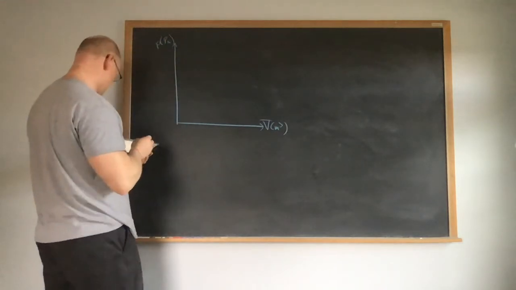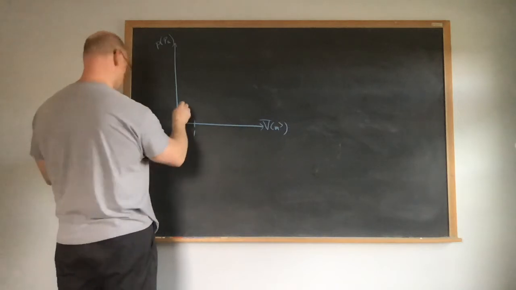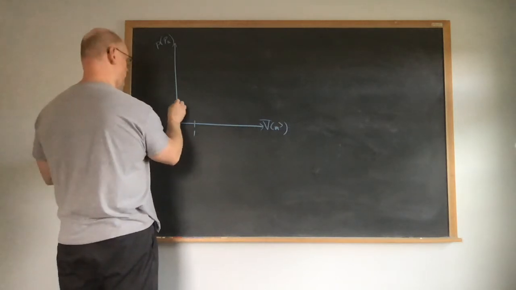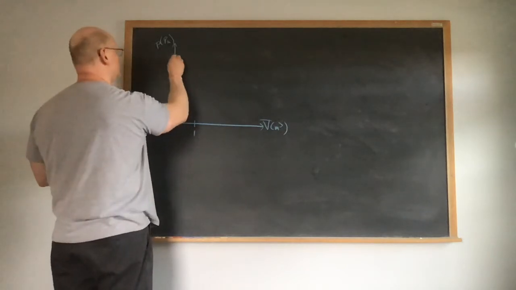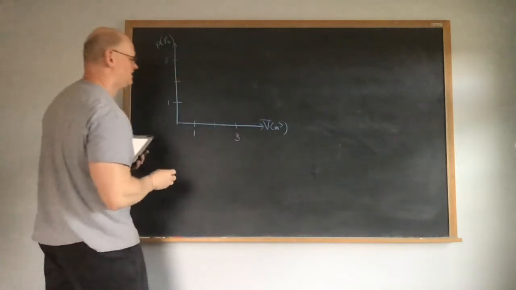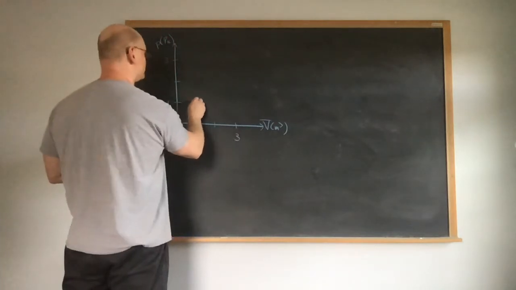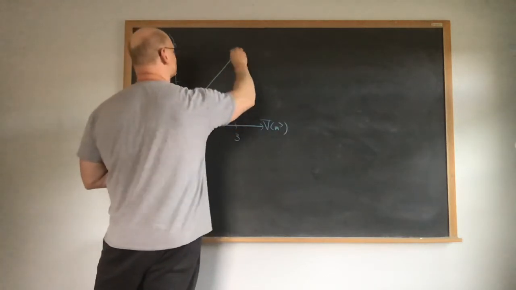We're going to start off at some initial point, so let's say this is at 1 meter cubed at 1 pascal. Then I'm going to increase this to 3 pascals and 3 meters cubed. So I'm going to start at this point and end at this point, going directly across this line here.